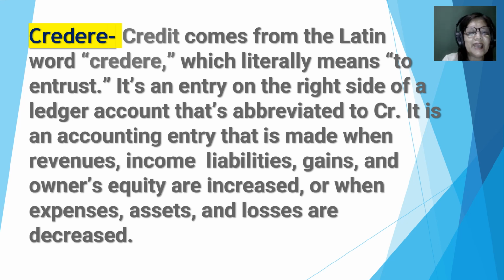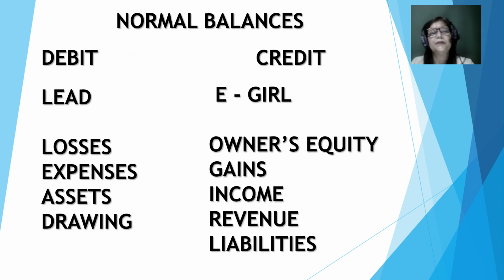It is an accounting entry that is made when revenues, income, liabilities, gains, and owner's equity are increased, or when expenses, assets, and losses are decreased. To understand better what we have tackled, let us consider the acronyms for debit and credit.